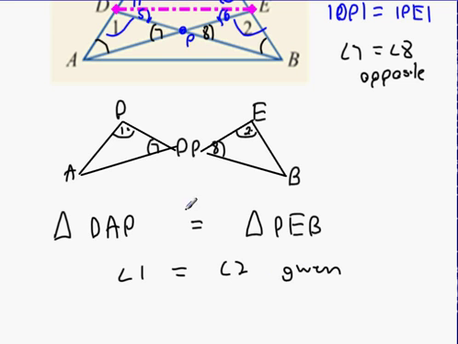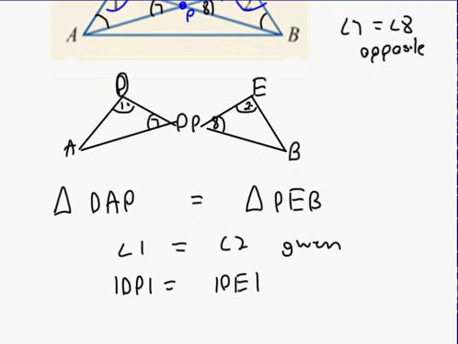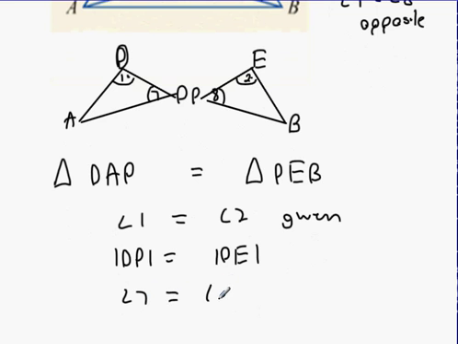Then DP equals PE. We already proved that further up. And then the other one is angle 7 equals angle 8, opposite. Therefore, ASA. Triangles are congruent.